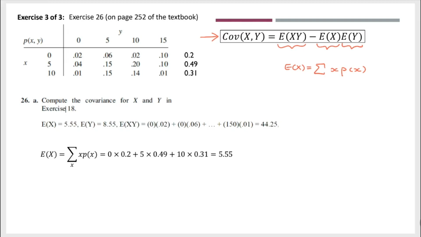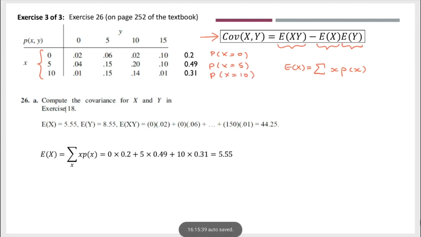So now you need to just get the distribution of x. And you can see that x takes on three values, 0, 5, and 10. And then what you need to do is now calculate all the probabilities. So one for the probability that x is equal to 0, the probability that x is equal to 5, and the probability that x is equal to 10.